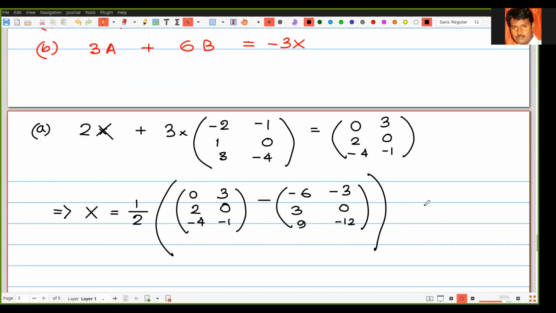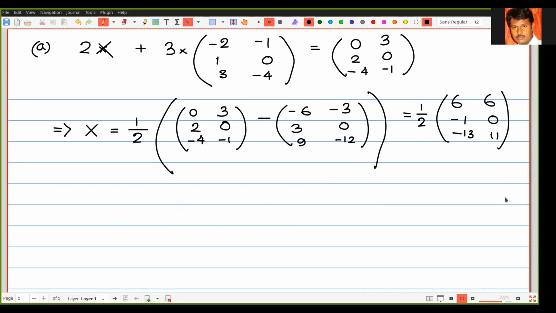So that is half of [6, 6; -1, 0; -13, 11]. The calculation: 0 minus minus 6 is 6, 3 minus minus 3 is 6, 2 minus 3 is minus 1, 0 minus 0 is 0, minus 4 minus 9 is minus 13, and minus 1 plus 12 is 11. So according to the first equation, X is equal to half of [6, 6; -1, 0; -13, 11].